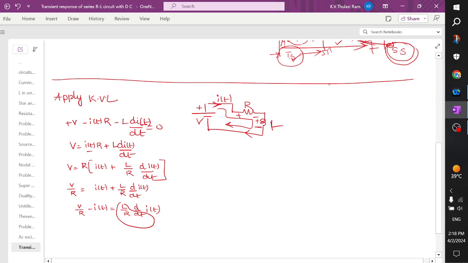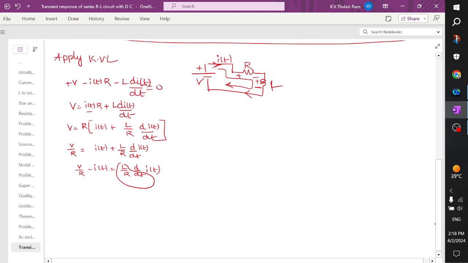When I'm going to perform the integration, we need to express in the form of an integral. So we have the formula integral of dx divided by a minus x is nothing but minus ln a minus x. So this is the formula we need to arrange it.